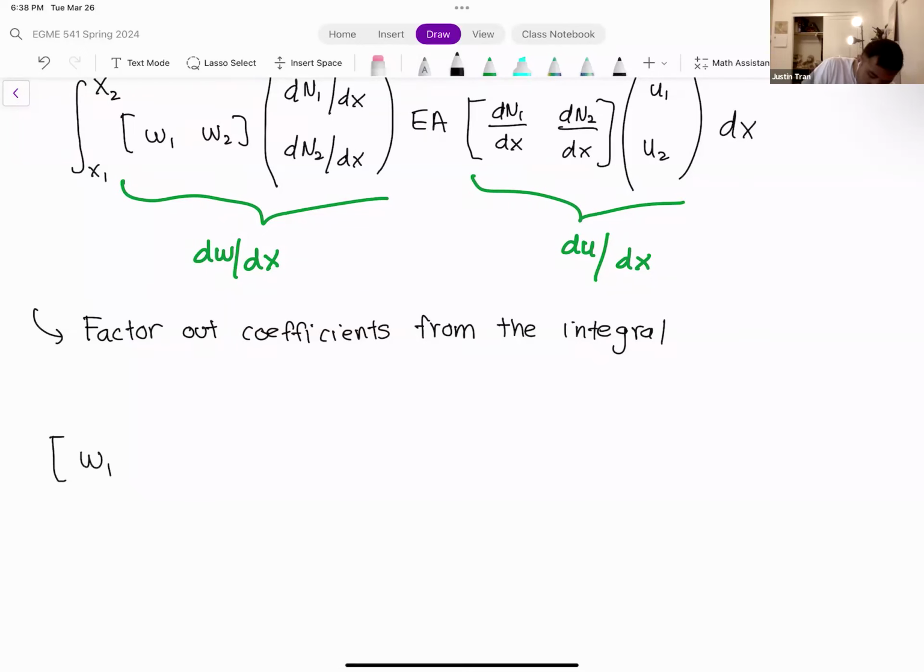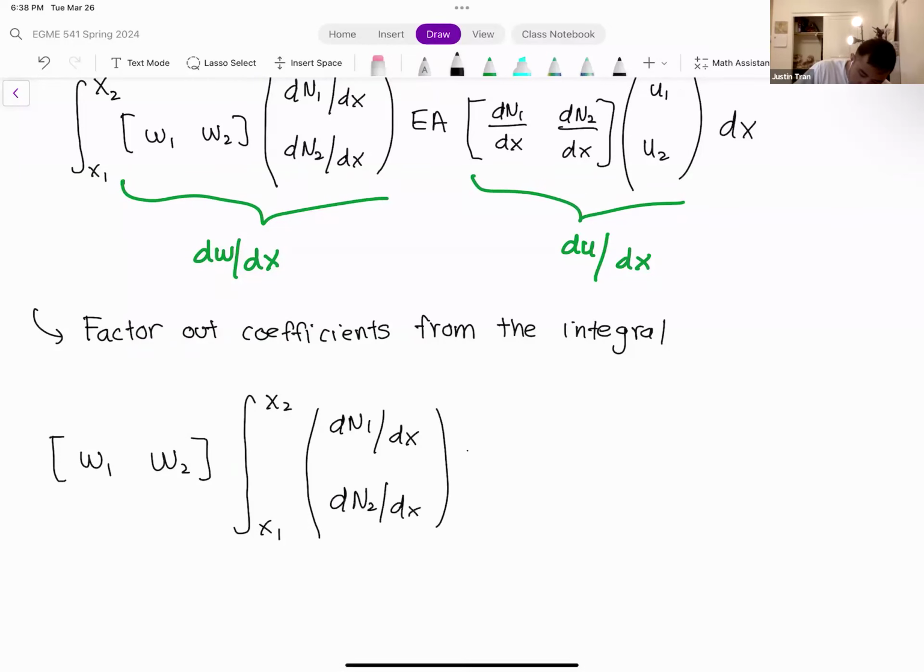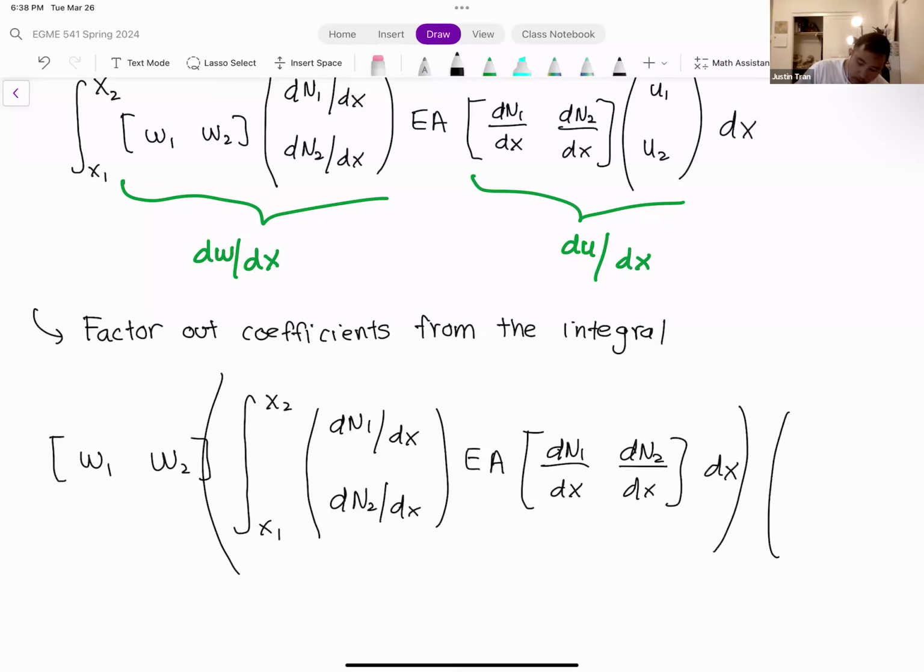So you have w1, w2, integral from x1 to x2 of dN1/dx, dN2/dx, multiplied by EA, multiplied by dN1/dx, dN2/dx, dx. All this is multiplied by the column vector u1, u2.